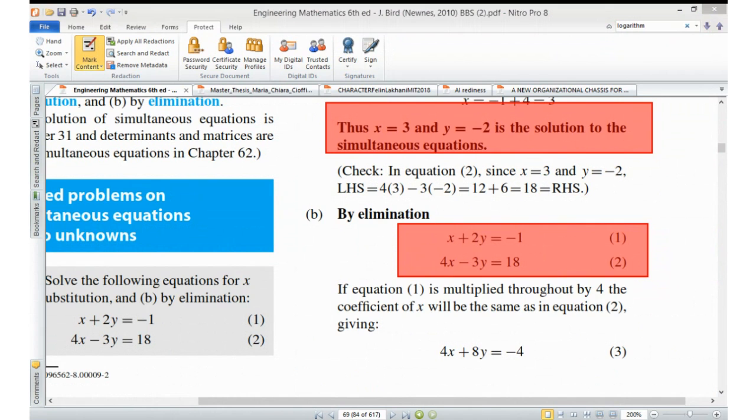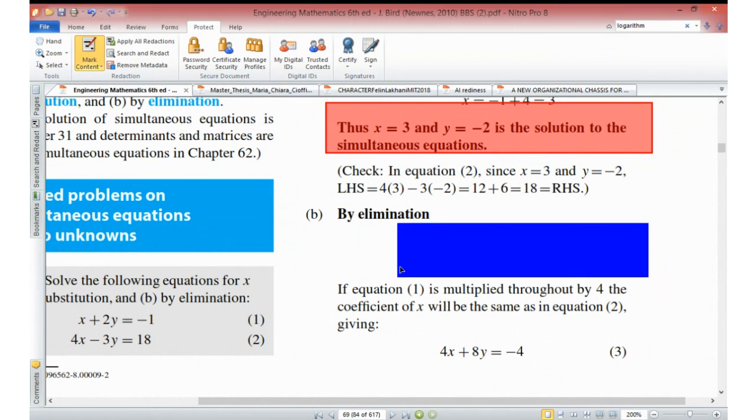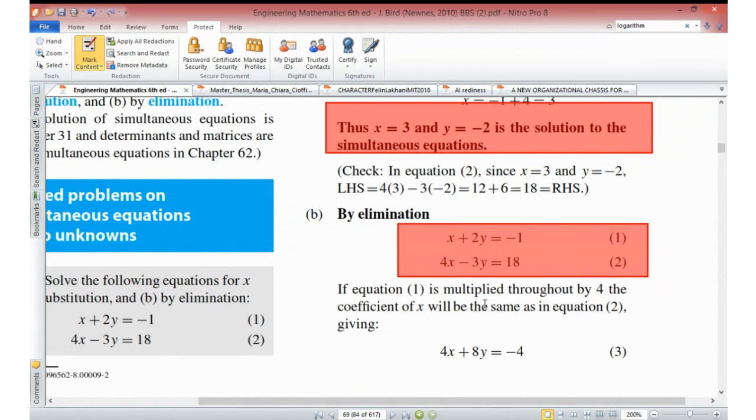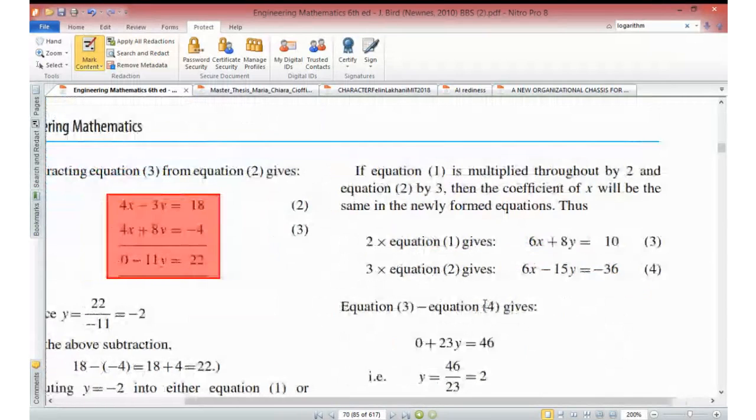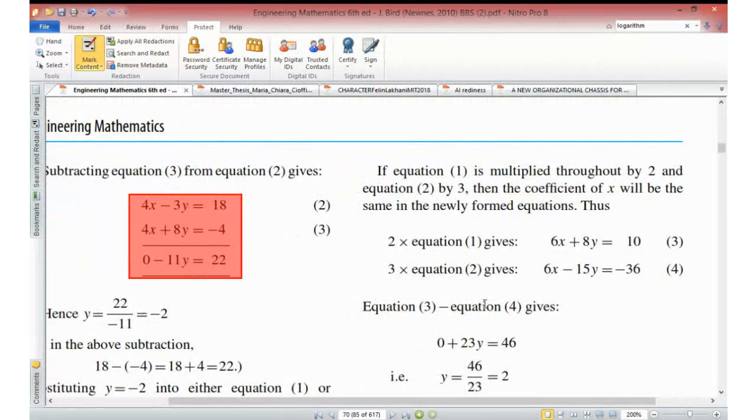So if you were to eliminate x, then definitely it means we have to balance the two. So to balance x and 4x, you multiply equation 1 by 4, so that you get 4x on both sides, so that if you add or subtract, then you'll be able to get a 0.